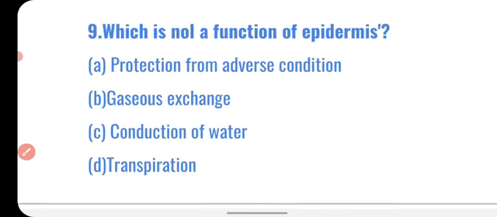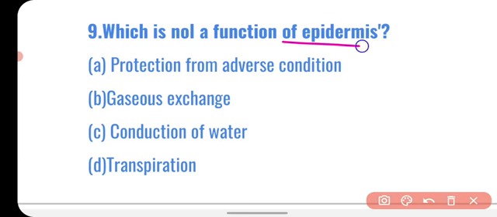Now question number 9. Which is not a function of epidermis? Protection from adverse condition, gaseous exchange, conduction of water, transpiration. So you know that the epidermis is made up of epithelial tissue.